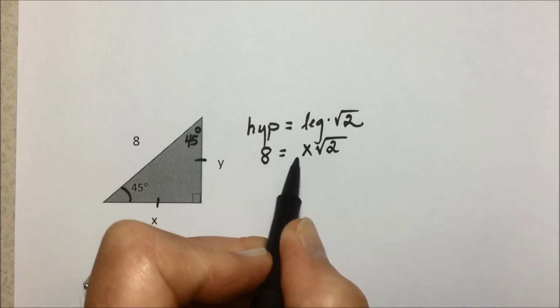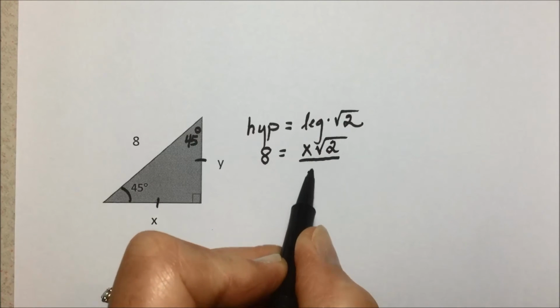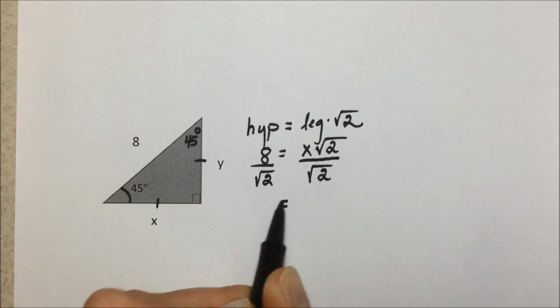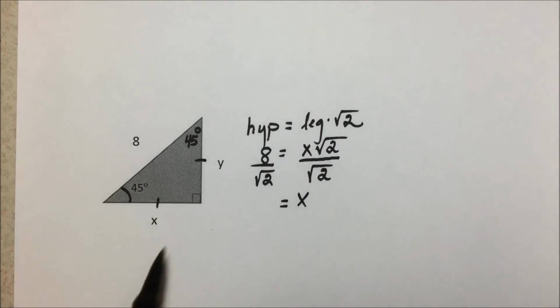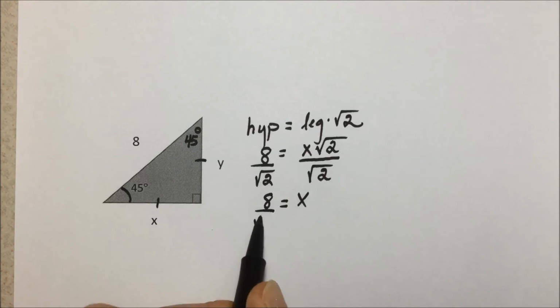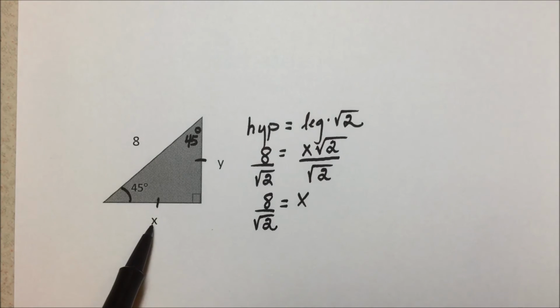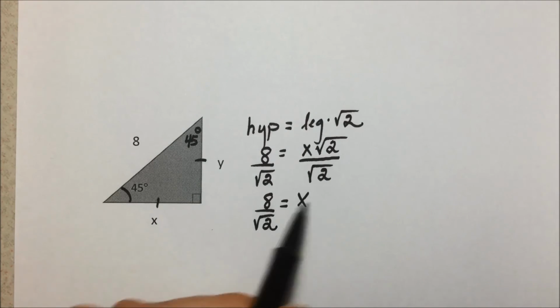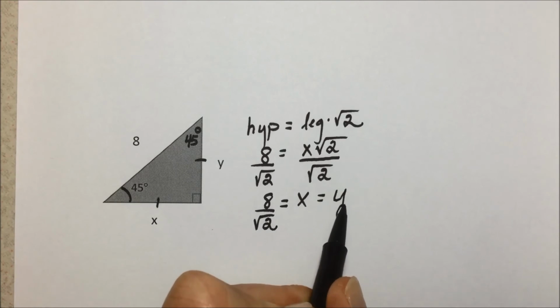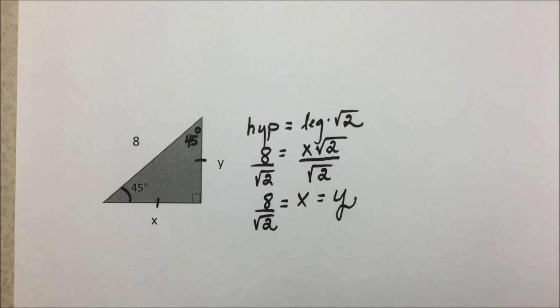To solve for the missing leg length, we'll divide both sides by the square root of 2, and that's giving us the length of one of the legs is 8 over the square root of 2. Because this is isosceles, x also is the same value that y would have, and if we leave this in exact form, we would answer 8 over the square root of 2.